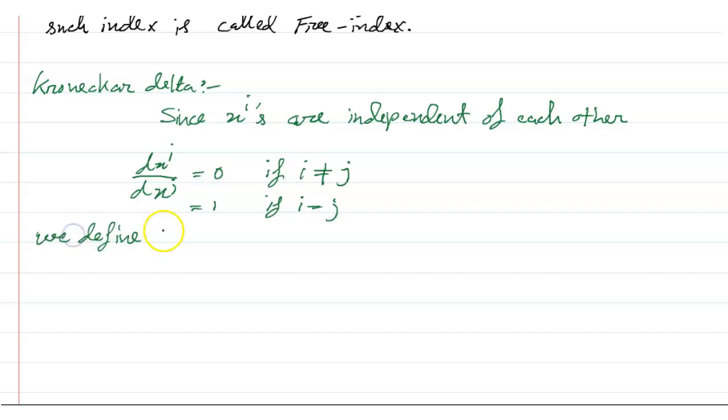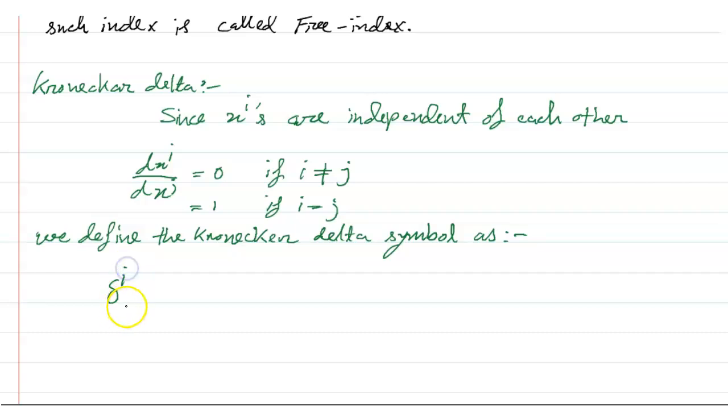We define the Kronecker delta symbol as delta ij equals 0 if I does not equal j, equals 1 if I equals j.